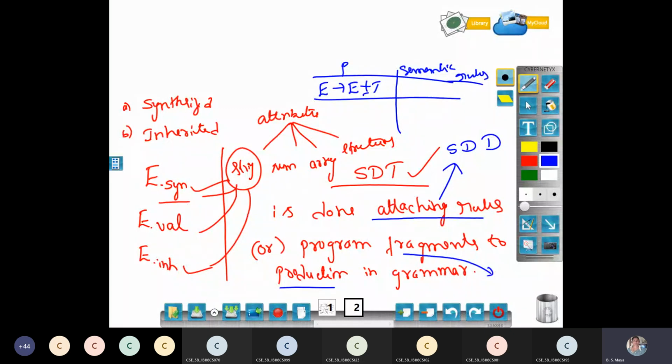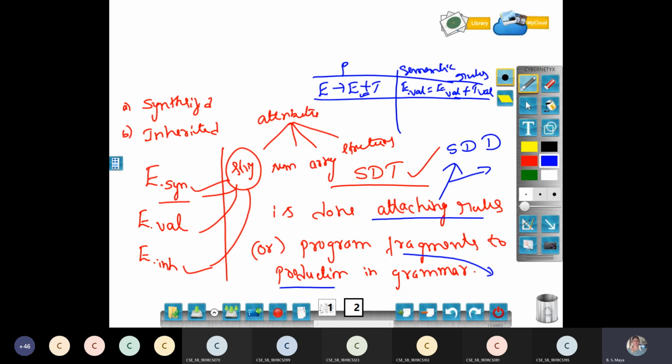Then I write attributes for that: E dot val is equal to E dot val plus T dot val. I am attaching rules to the first production in a separate column, as rules for how to evaluate this expression. If we write like this, it is called SDD, syntax directed definition.